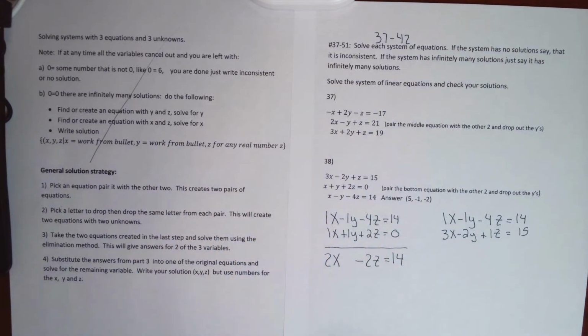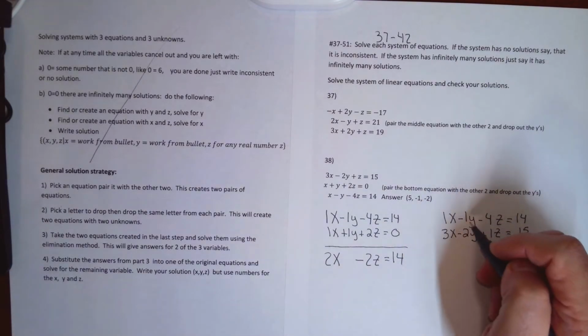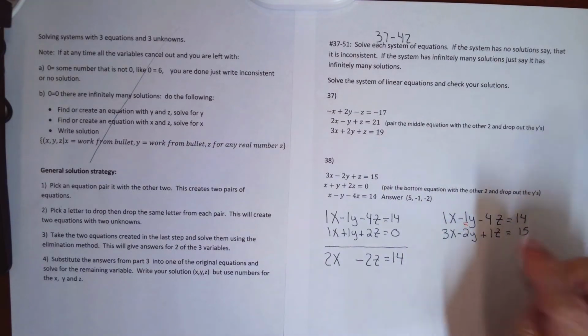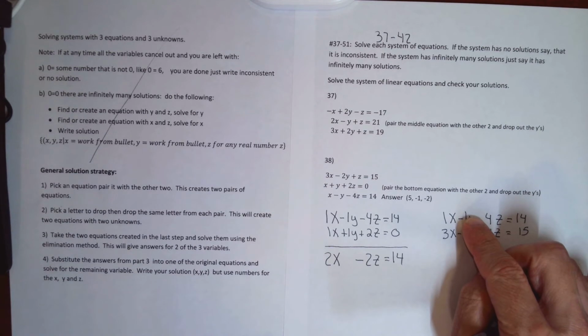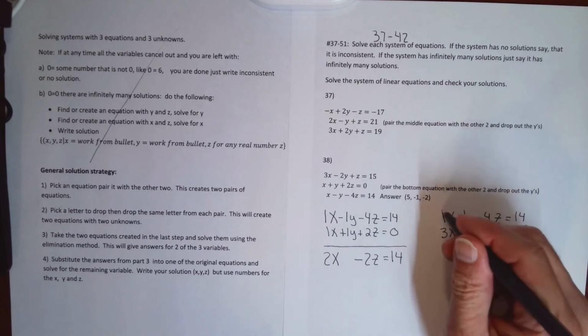Done with that half. Move on to the other half and drop out the same y. The y in this top equation, if I multiply that negative 1 by 2, I get exactly that negative 2. That's not quite good enough, but close enough to cancel. I'm going to make this top y have a positive 2 in front of it, so it will cancel with the y beneath it.